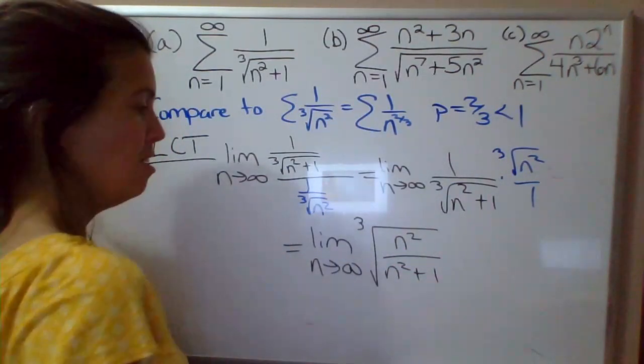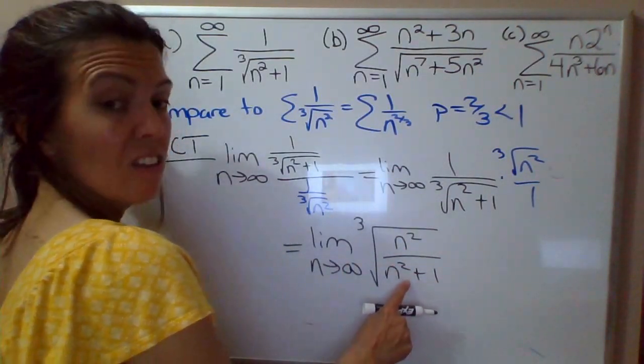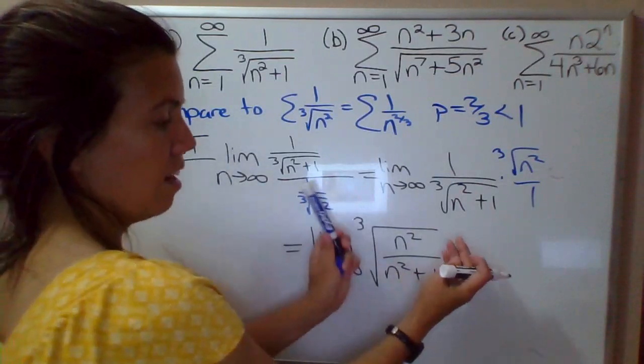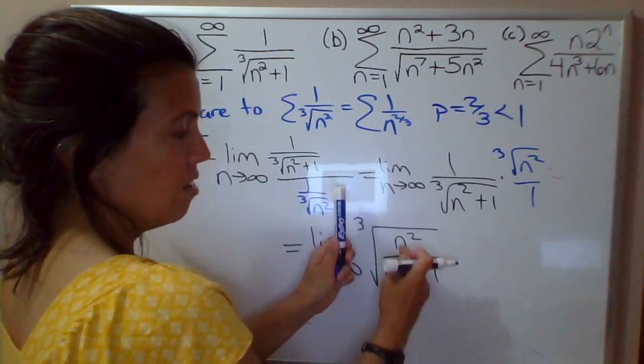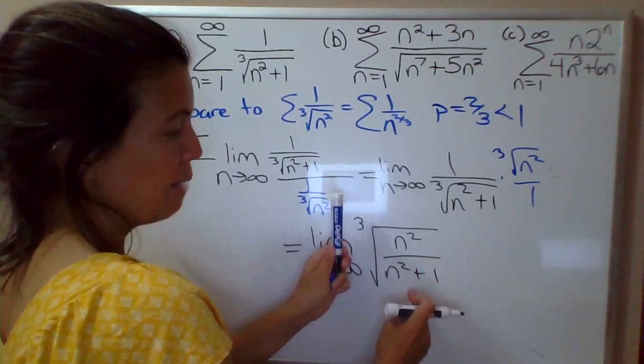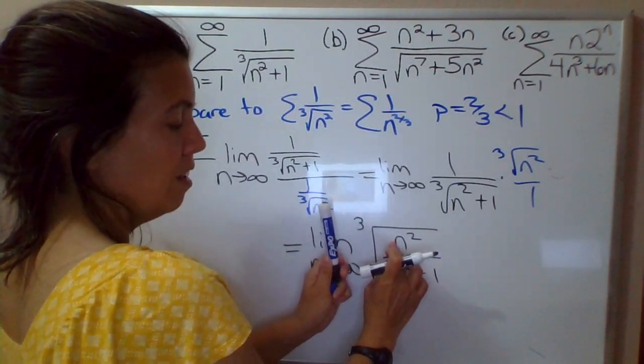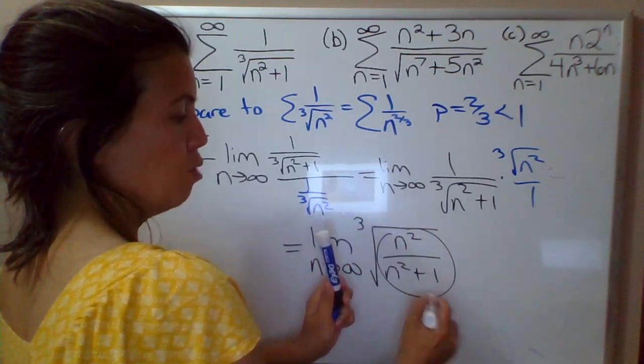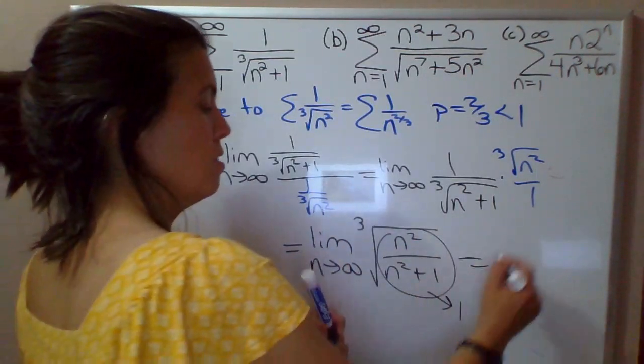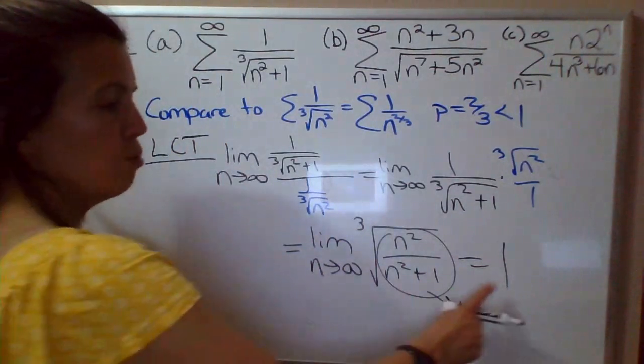Because the cube root is a continuous function, I can move the limit inside here. And inside, I've got a rational expression, same degree in the numerator and denominator. So I use the ratio of the leading coefficients. So that's 1 over 1. So the limit inside here is approaching 1. The cube root of 1 is 1. So the overall limit here is 1.